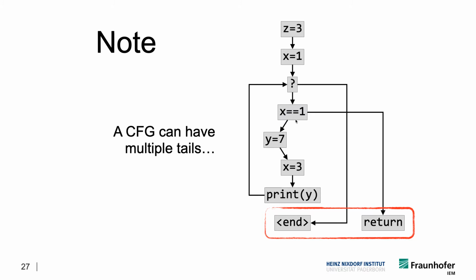So you have a statement that says, if a condition is true, then you continue or you return or something like that. And here, for instance, we have such an early return. So that means in such a regular control flow graph, you can have multiple exit statements, and they are also called tails, sometimes a tail of a graph.